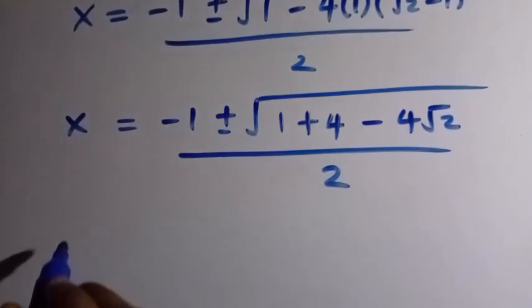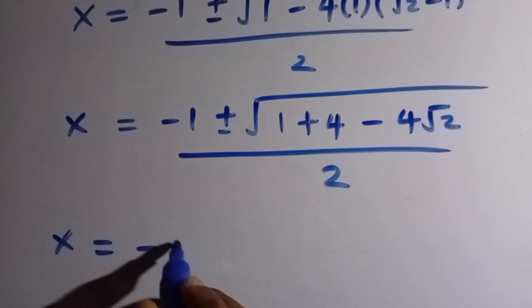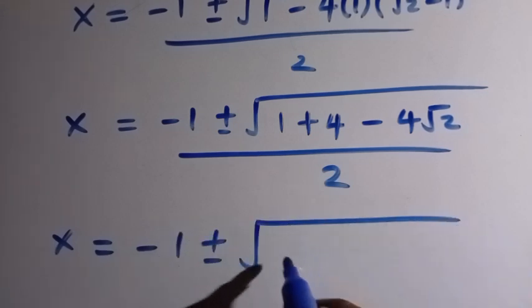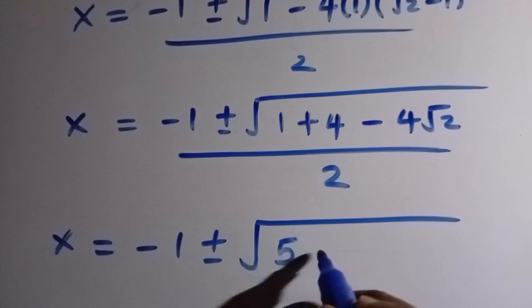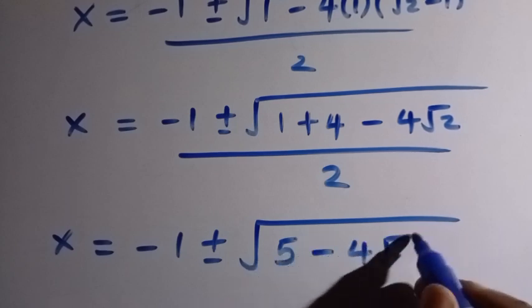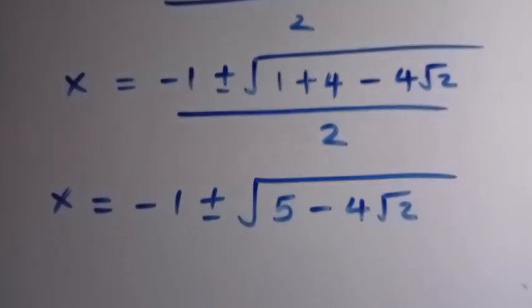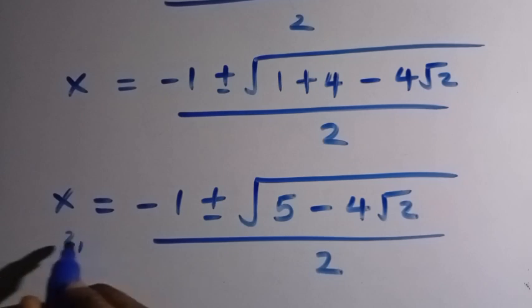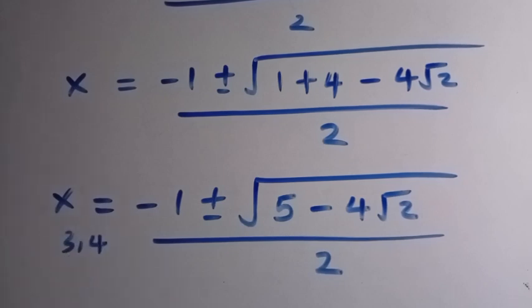So x equals minus 1 plus or minus the square root of 1 plus 4, that is 5 minus 4 root 2, divided by 2. We consider these as x3, x4.